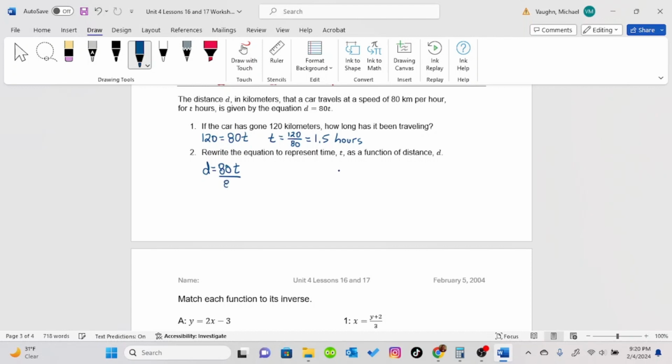We divide both sides by 80, and we get t equals d divided by 80. Now, instead of an equation that solves for distance using time as the input, we now have an equation that solves for time with distance as the input. They're inverse functions.